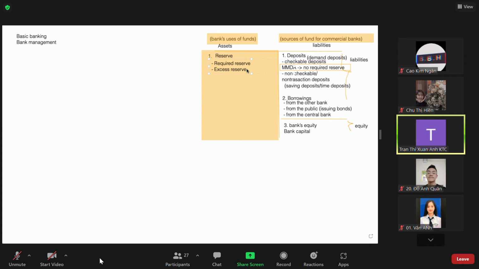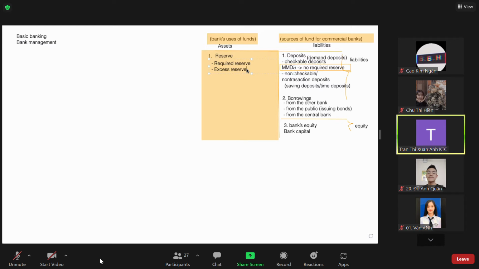So the maturity of these deposits are totally different from each other. We need to keep that excess reserve so that at any time the customer brings their passbook, their saving account note, to the bank and asks for their money back, I can give the money back to them because that's the end of the maturity.